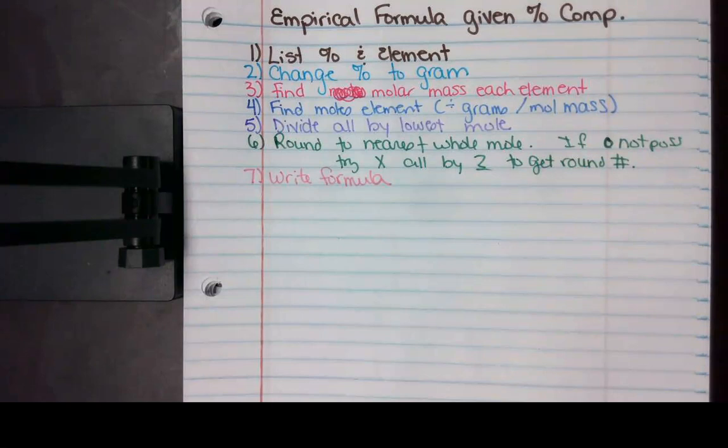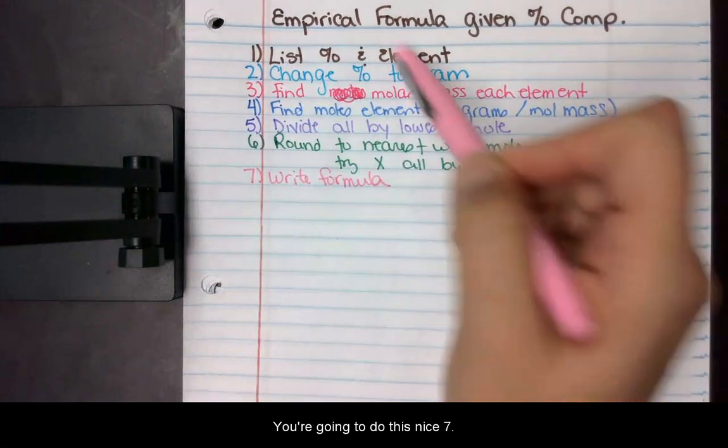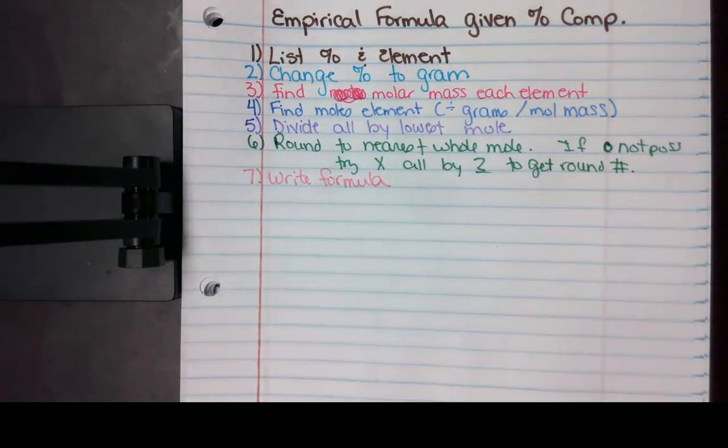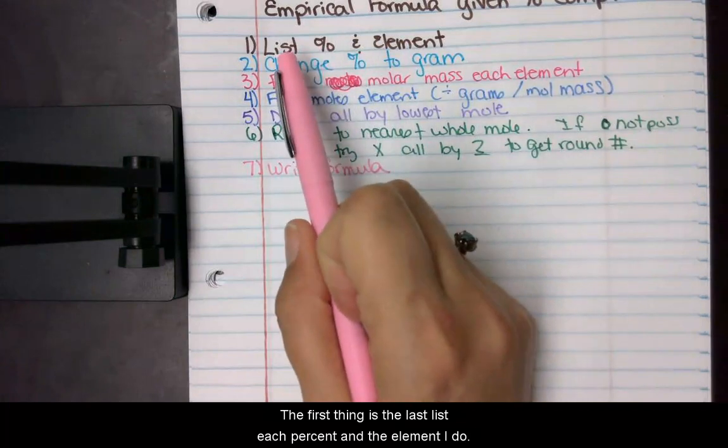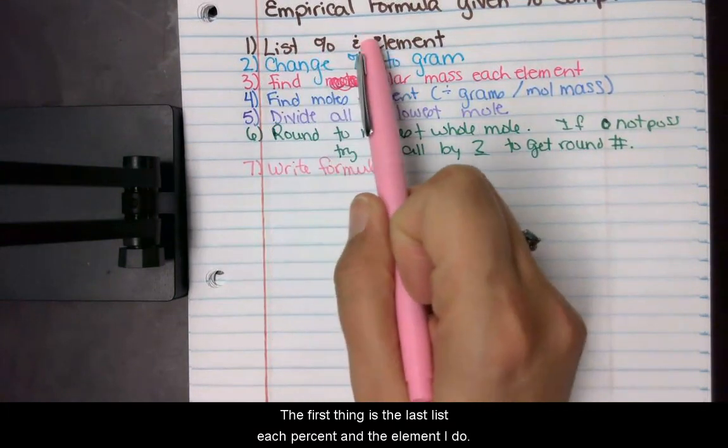Okay. So to find the empirical formula given the percent composition, not a compound, you're going to do this nice 7-step process, which is a lot easier than it actually lists out, and I'm going to walk you all through it, okay? So the first thing is to list each percent and element.